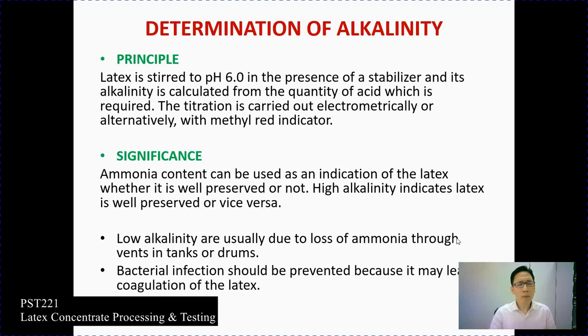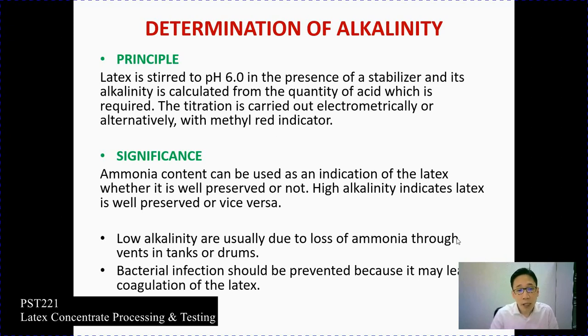So for alkalinity, actually we do conduct two methods, which is the standard and the spots alkalinity. So the significance of this measurement, the ammonia content can be used as an indication of whether the latex is well preserved or not. High alkalinity indicates latex is well preserved, or vice versa.